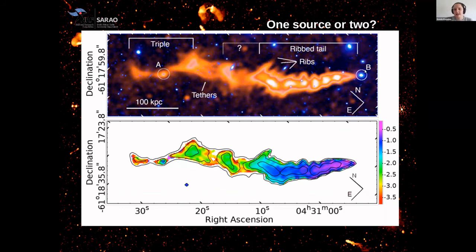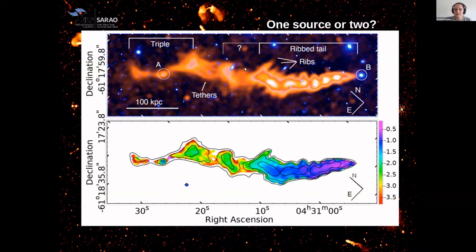So on further investigation, there is actually a radio core here that isn't visible in this image. This galaxy here and this galaxy here, A, both have radio emission, but they're also individual WISE galaxies, which is what led us to think, well, maybe there's more than one source here.